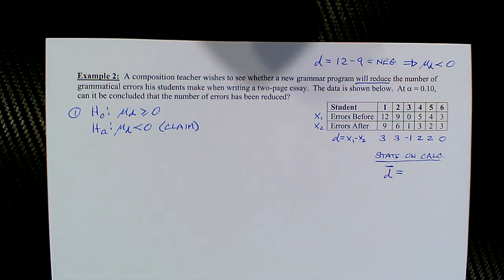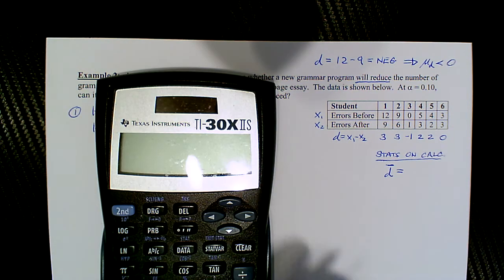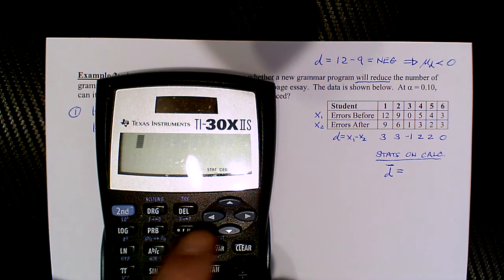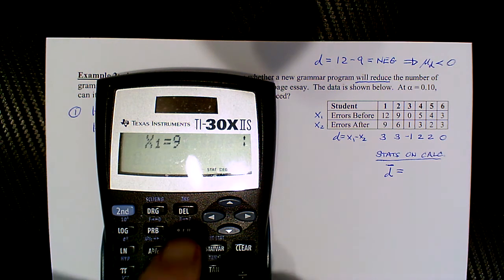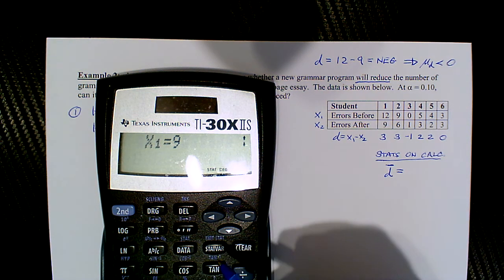So I'm going to use my trusty TI-30. I'm going to go to stat. Well, I'm already in stat. If I go to data though, I already have some data in there. So to clear the data, I'll exit stat, which is the second function.